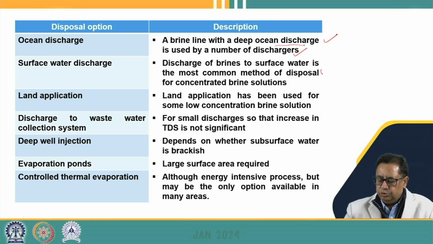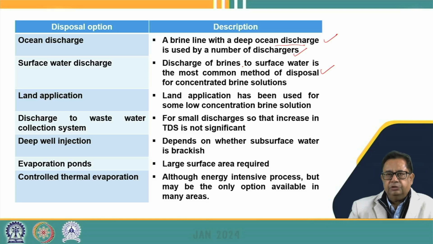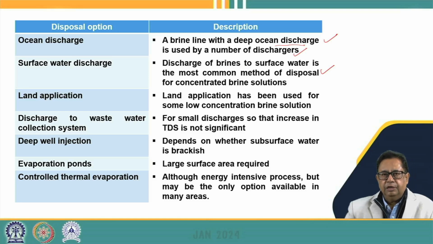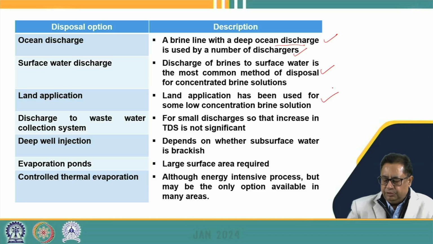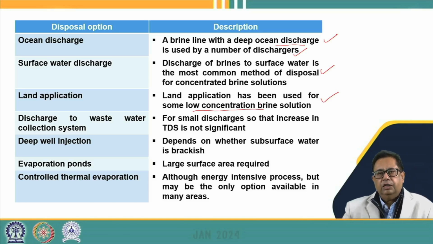Similarly, it can be disposed of to surface water. It should not contain any other contaminant. Land application of such concentrate can also be done, but it should have a low concentration of brine solution, otherwise it may impact the fertility of the soil.